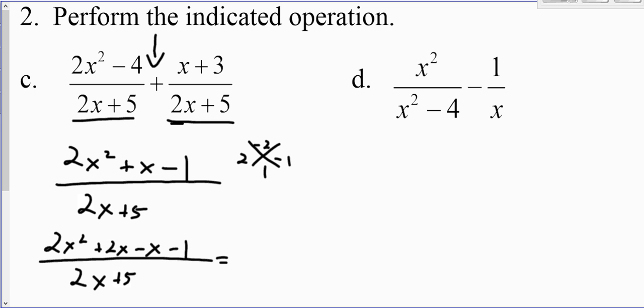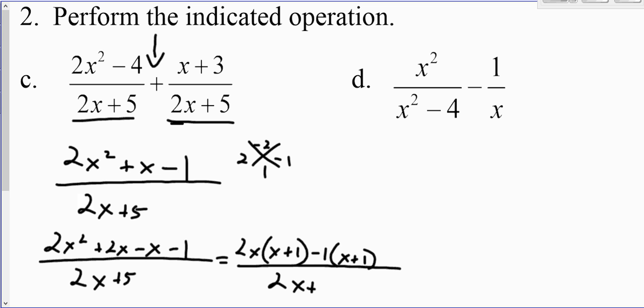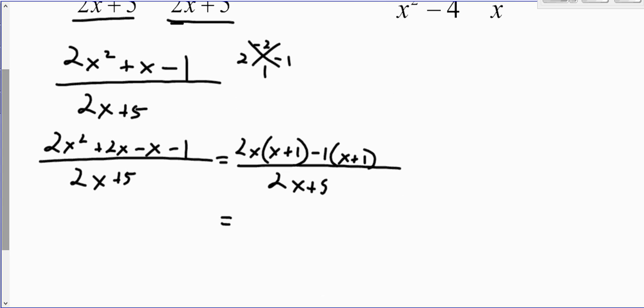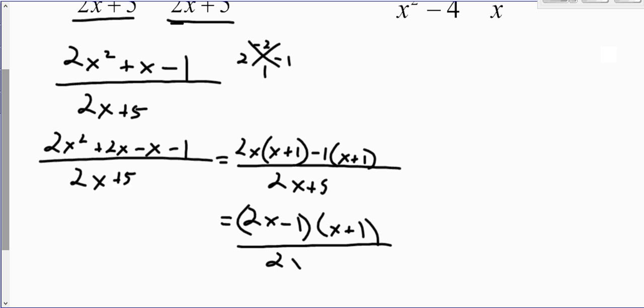And as I factor out a 2x, I get an x plus 1. Factor out a negative 1 there, and I get an x plus 1. And as I simplify this, I get the factors 2x minus 1 times x plus 1 over 2x plus 5. I no longer can simplify any more there. I don't have any common factors, but that's adding those two terms.